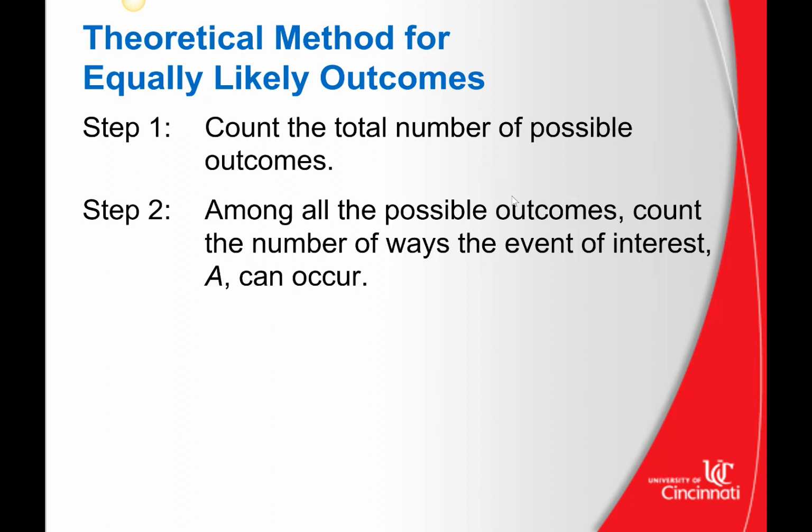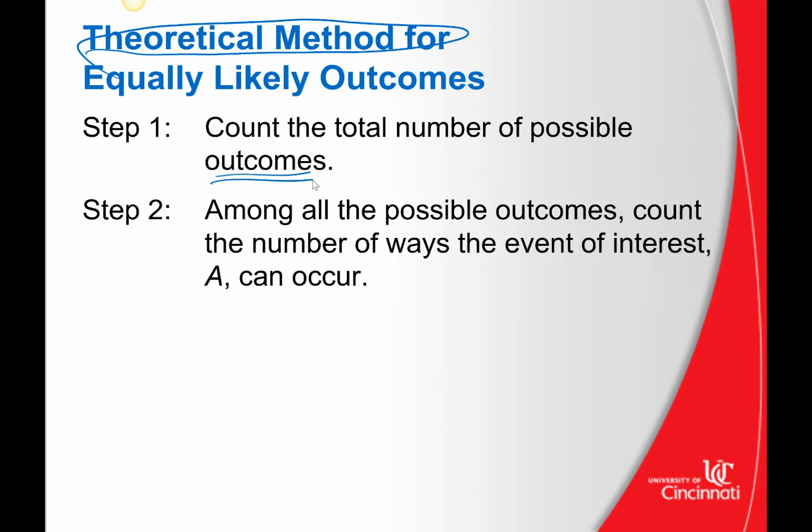Okay, notice here. Theoretical method for computing outcomes. Count the number of ways that you can get the outcome. Figure out how many outcomes you can get. So like when we were rolling the 2 dice in the earlier example, there were 8 different outcomes.